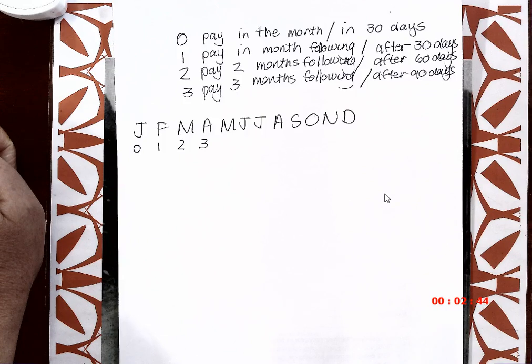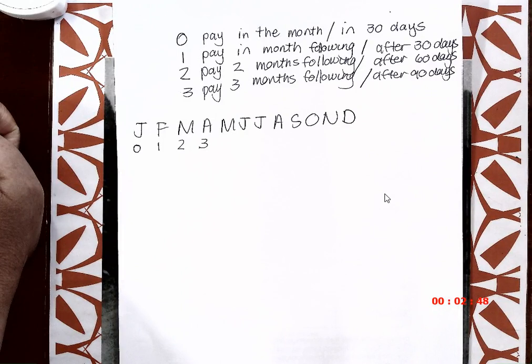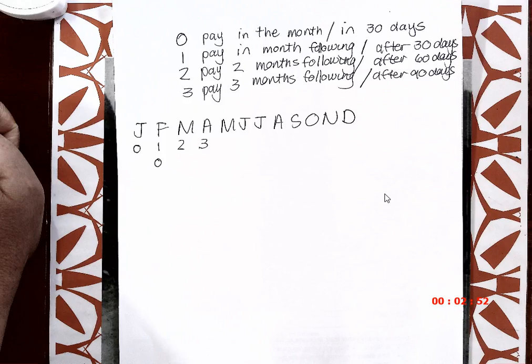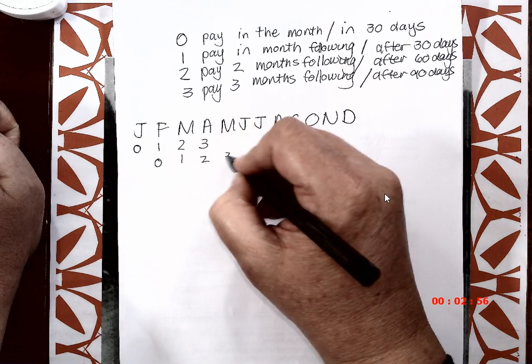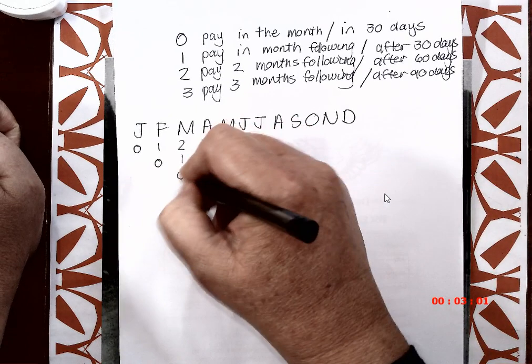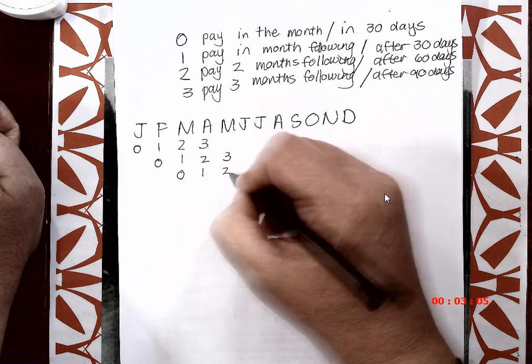Does it make sense? If I say February is my month of transaction, can you see now February is my 0. March would be 1, April 2, May 3. If I say March is my month, can you see how it just moves up all the time?